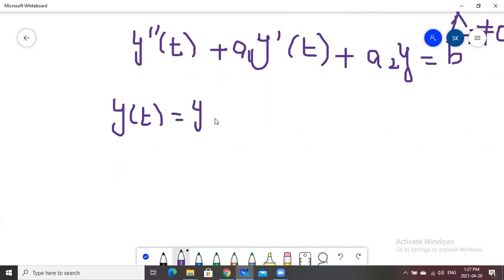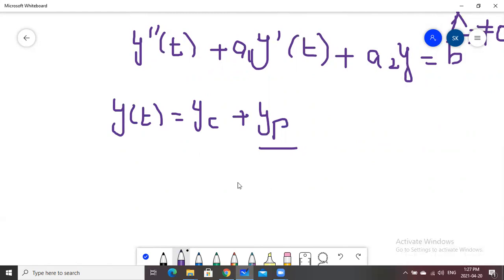Yc is the complementary function, whereas yp is the particular integral of the function. Yp provides the equilibrium value of y in the intertemporal sense, and yc represents the deviation of the time path yt from the equilibrium. We have studied this in detail in the previous lectures.